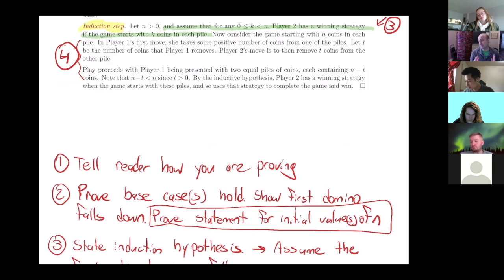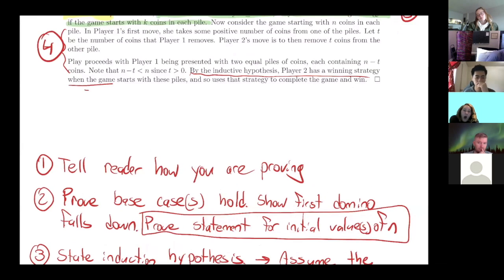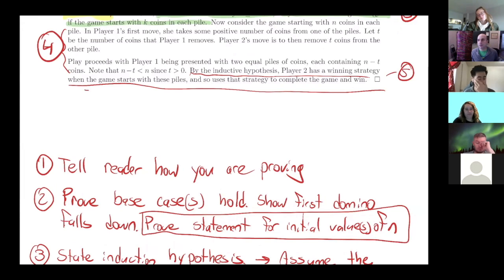Step 3, state the induction hypothesis. And now I've got to do something with that, right? And that's the part that's going to be different in different cases. But then we get this last point over here, which is basically summarizing point 5, that we've now shown all of the things are going to fall over. So it's nice to have this included as a conclusion to your proof.